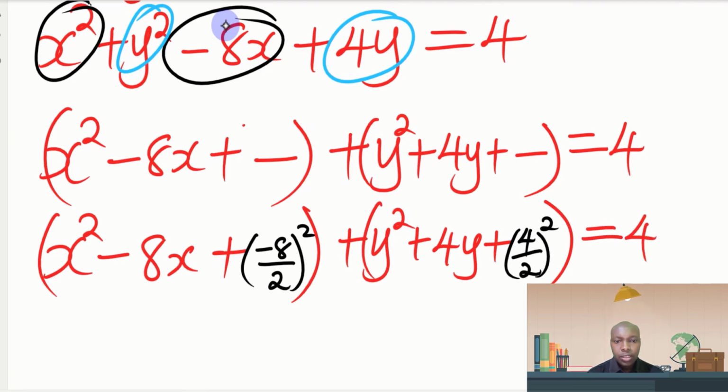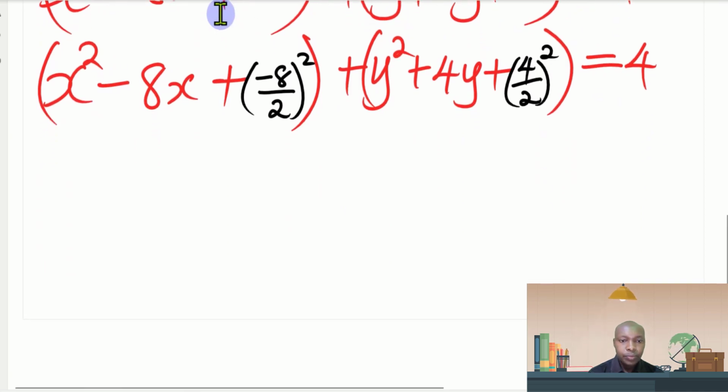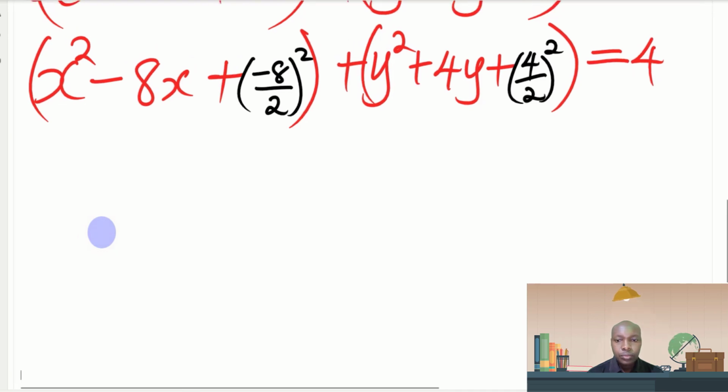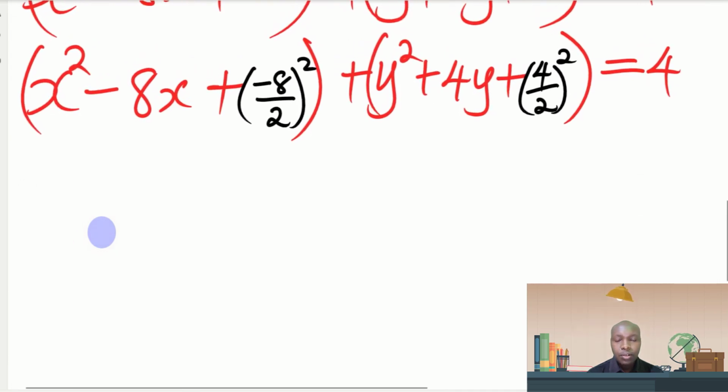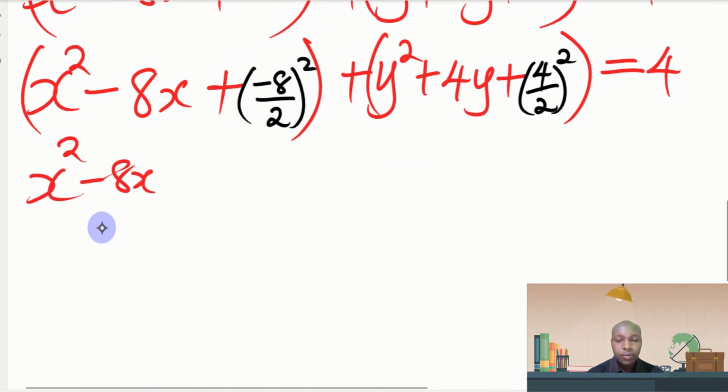Now let's work out these constants that we have added and write them correctly. So we have x squared minus 8x. Negative 4 squared will give 16.